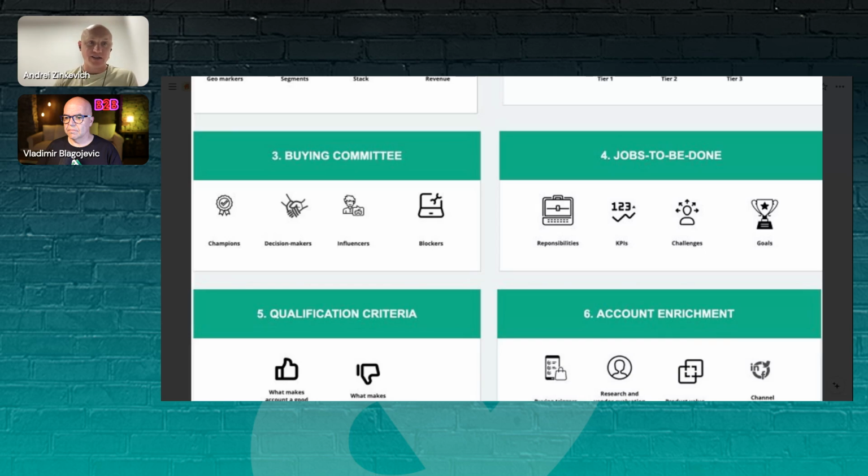Like in our case, mostly we are selling to the marketing teams, right? But sales is an essential part of successful ABM programs. So even if we are not engaging directly with sales teams, their opinion will always be asked in the internal meeting. Whenever our champion comes and presents, hey, we want to work with full funnel and this is why, right?